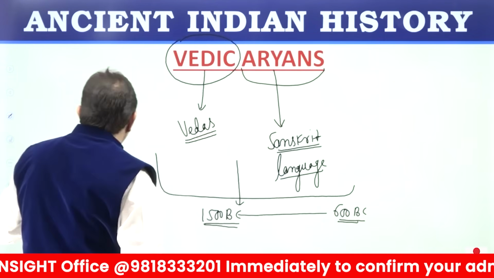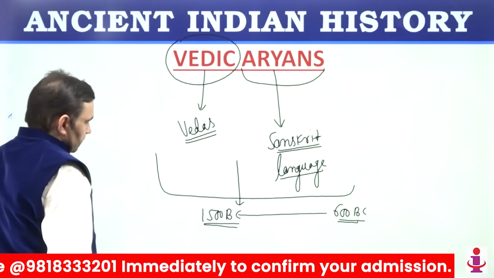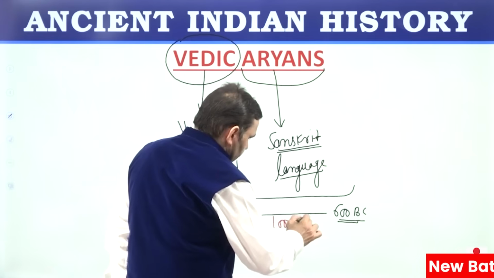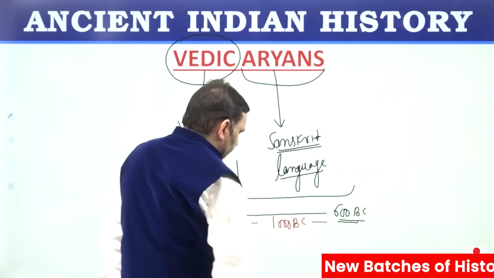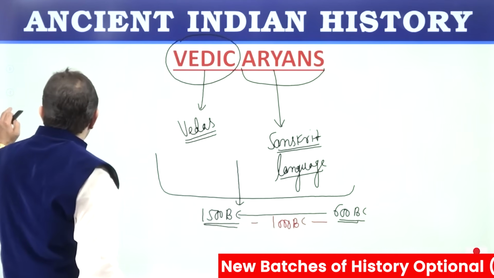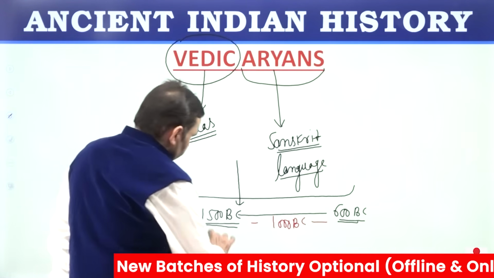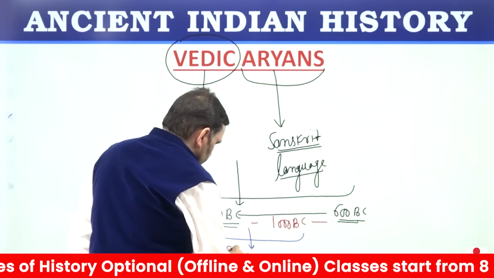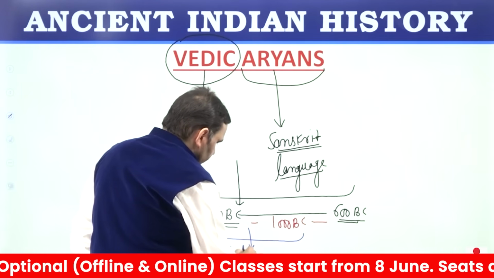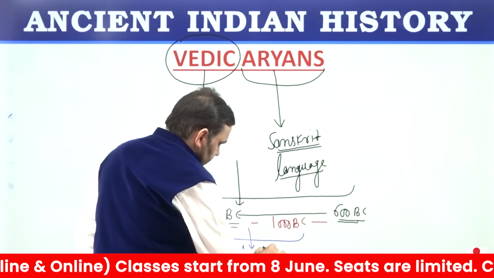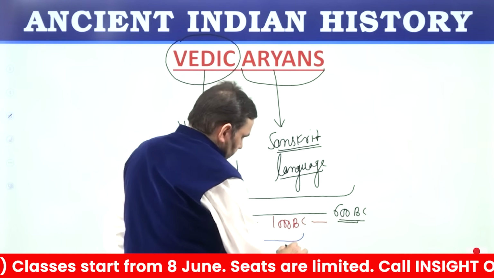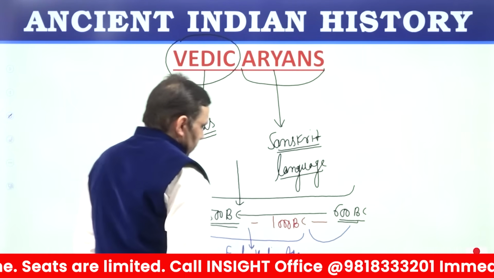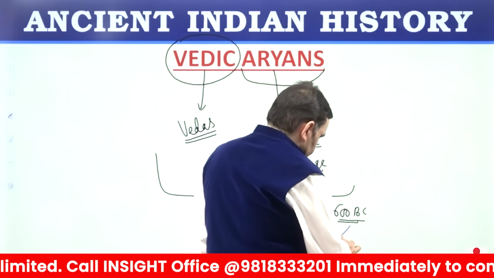This Vedic age is divided into two parts. 1500 BC to 1000 BC and 1000 BC to 600 BC. 1500 BC to 1000 BC is known as early Vedic age or Rig Vedic age. 1000 BC to 600 BC is known as later Vedic age.